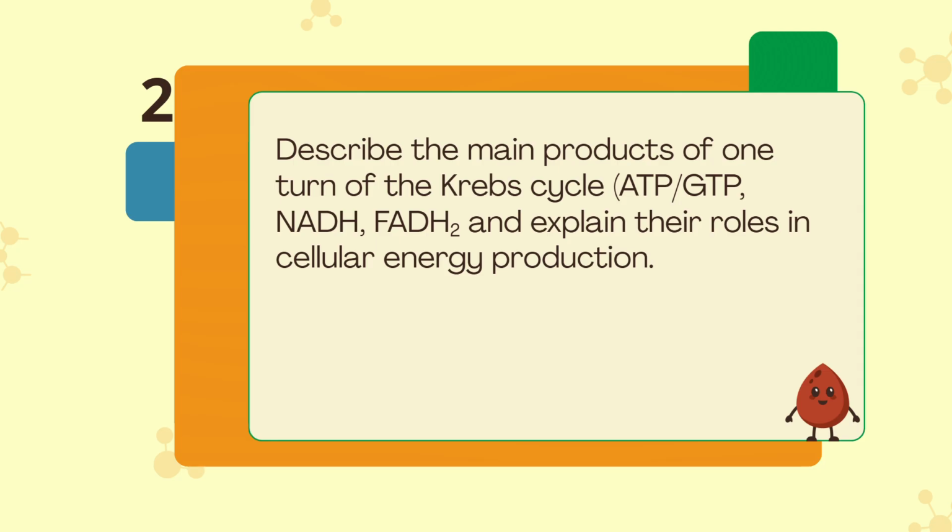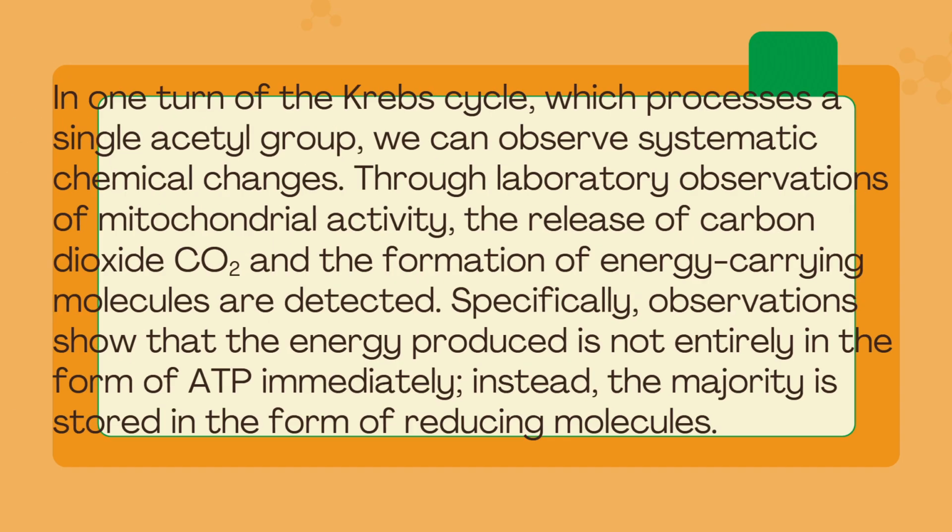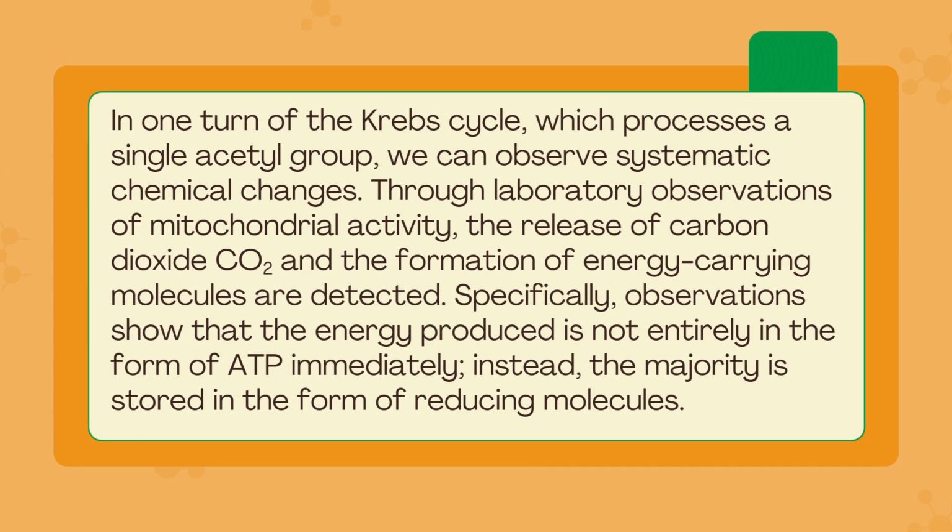Question number 2. Describe the main products of one turn of the Krebs cycle, ATP or GTP, NADH, FADH2, and explain their role in cellular energy production. In one turn of the Krebs cycle, which processes a single acetyl group, we can observe systematic chemical changes.